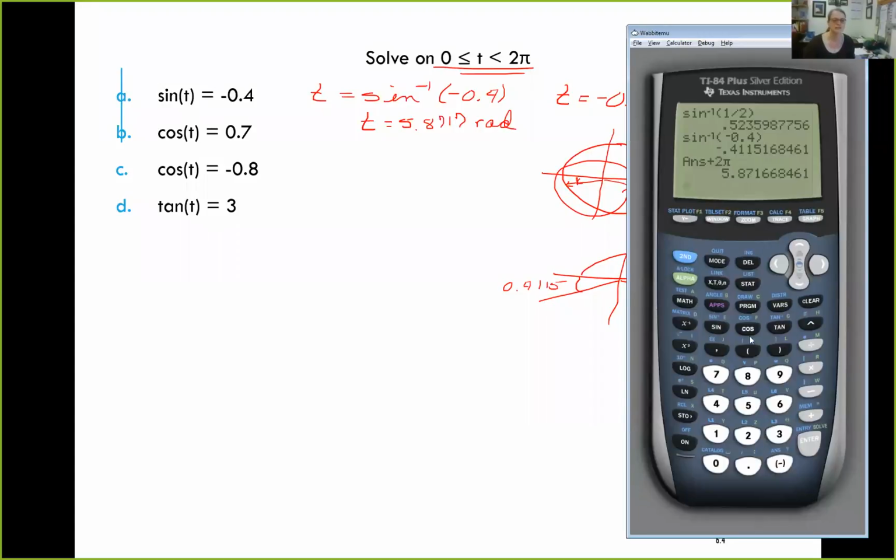So what I do is I will take my pi and add to it 0.4115, and I get 7.25.